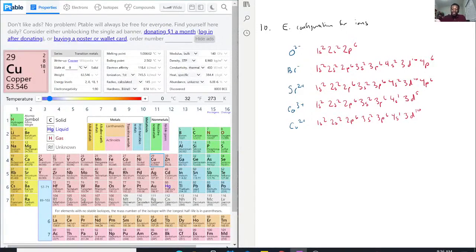If I put it like this, why would I first get rid of the 3d when I can get rid of the 4s? Because there's only one of them. I don't want to keep going back and forth. So we actually would just get rid of this one. And now we would have 3d10 as you got rid of 1, and then it would be 3d9, okay, when you got rid of the second one.